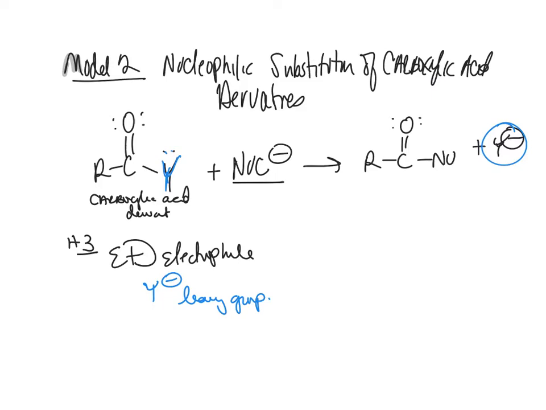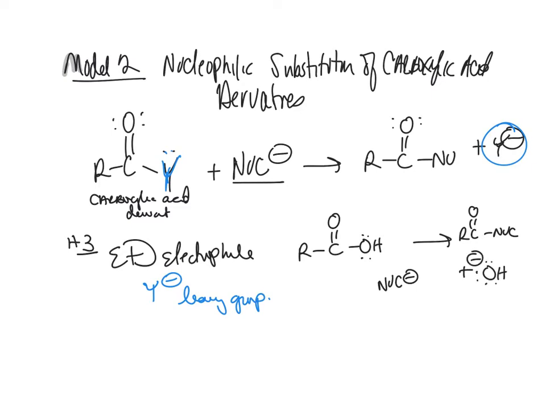So let's look at carboxylic acid. So if you had a nucleophile here, then you would get OH minus. And we know that that's a strong base, right?